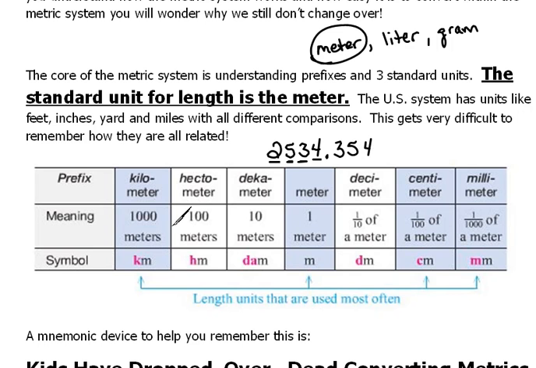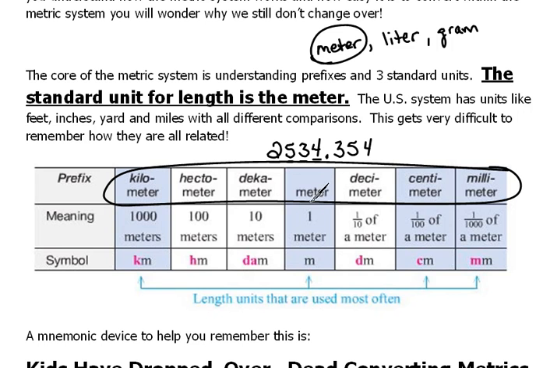So it works along our regular number system. So what we need to really focus on here are our prefixes: kilo, hecto, deca, original units, deci, centi, and milli, because these are going to be the same in every one of the units that we use: meter, liter, and gram.